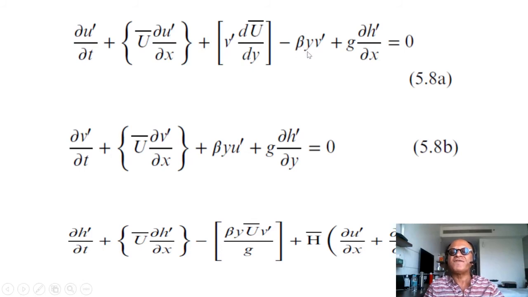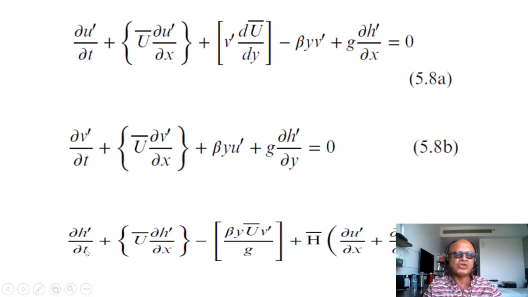This is the fv prime term in the x direction, and the g dh prime dx term, which is the surface perturbation or the vertical term. dv prime dt in the meridional direction plus the Doppler term, plus there is no non-Doppler term in the sense of this advection here. It's just fu prime and the vertical term.